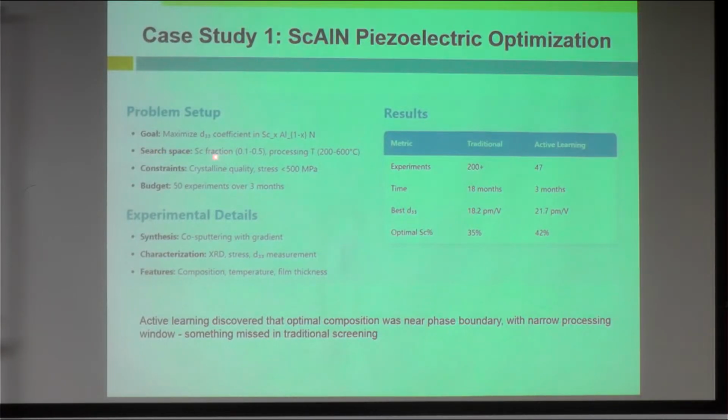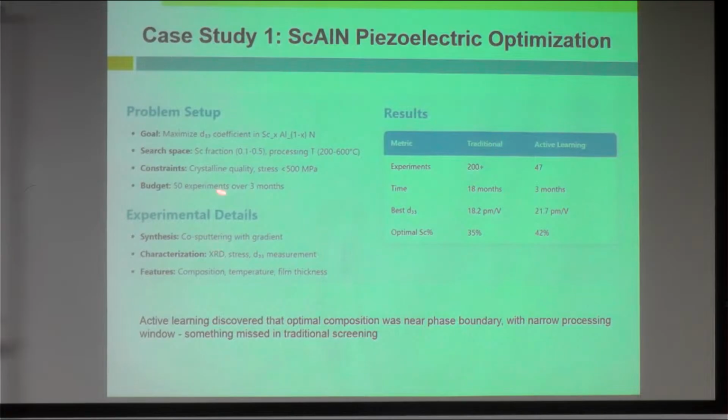The search space is a scandium fraction of 0.1 to 0.5, and a processing temperature of about 200 to 600 degrees Celsius. The constraint here is crystalline quality, with stress less than 500 megapascal. The budget is 50 experiments over 3 months. So this is the kind of problem statement from the beginning.